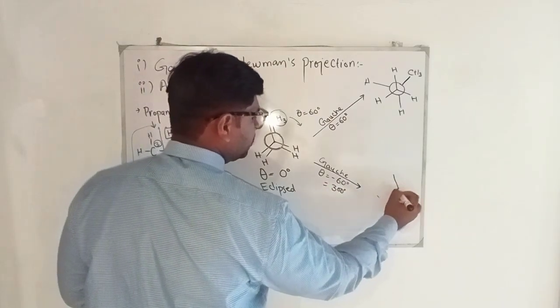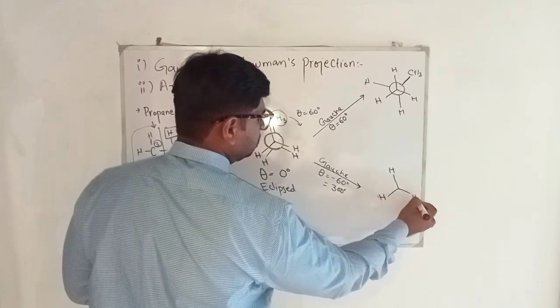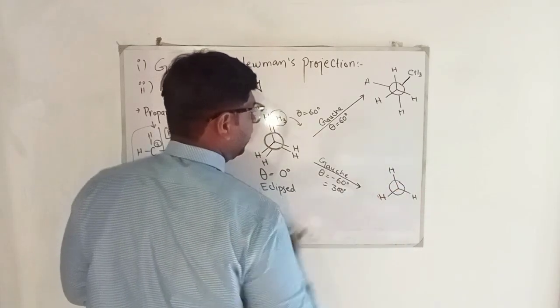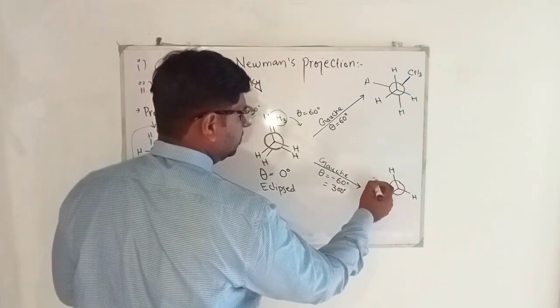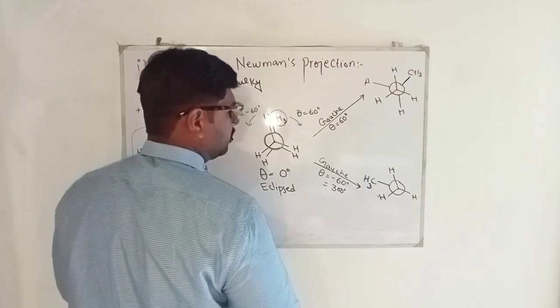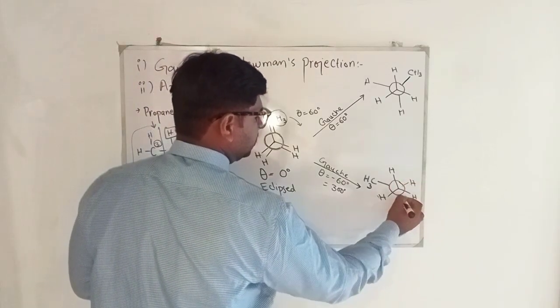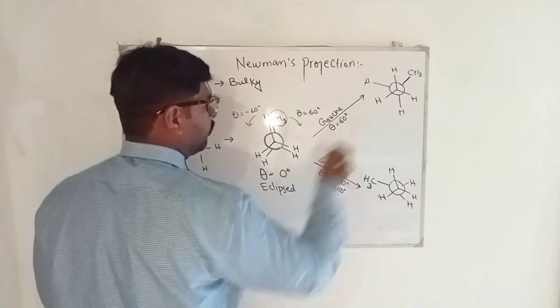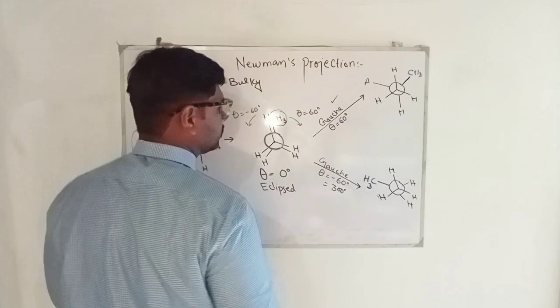Now the conformation will look like this. Here the bulky group will be at theta is equal to minus 60 degrees, and we will have hydrogen atom attached here. So both of these conformations are gauche conformations.